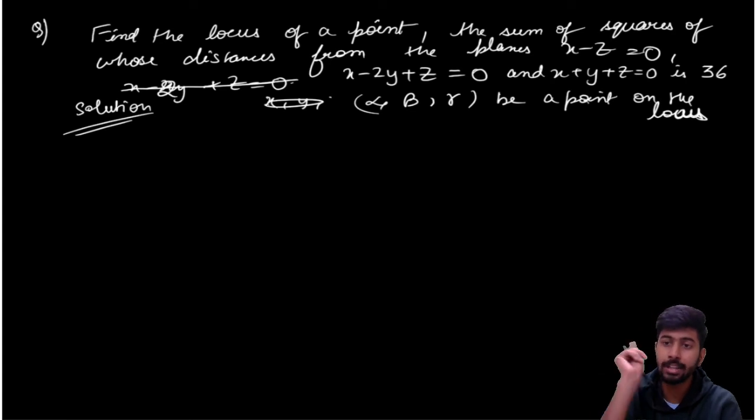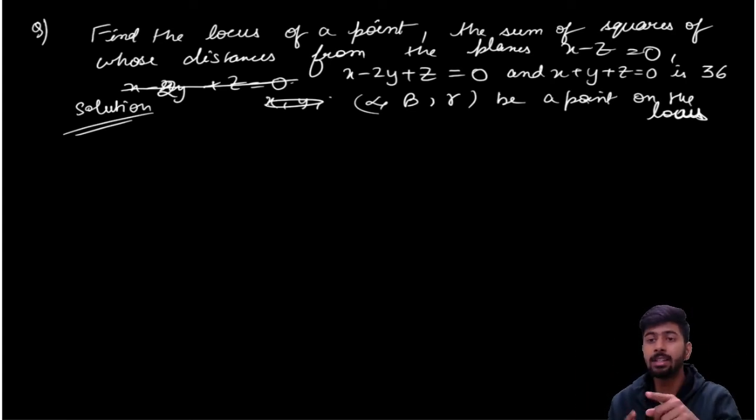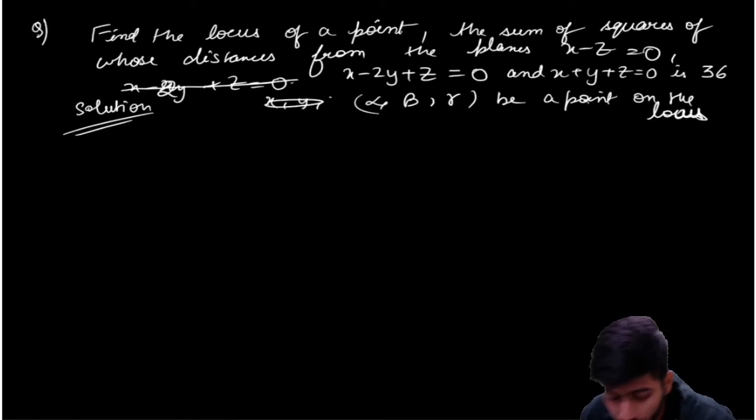And then put the point in the condition, solve the condition, and then replace. So like here I have assumed alpha beta gamma, I'll put that in the condition, solve the condition, and then replace alpha beta gamma with xyz, right? That is basically how to approach a locus problem.